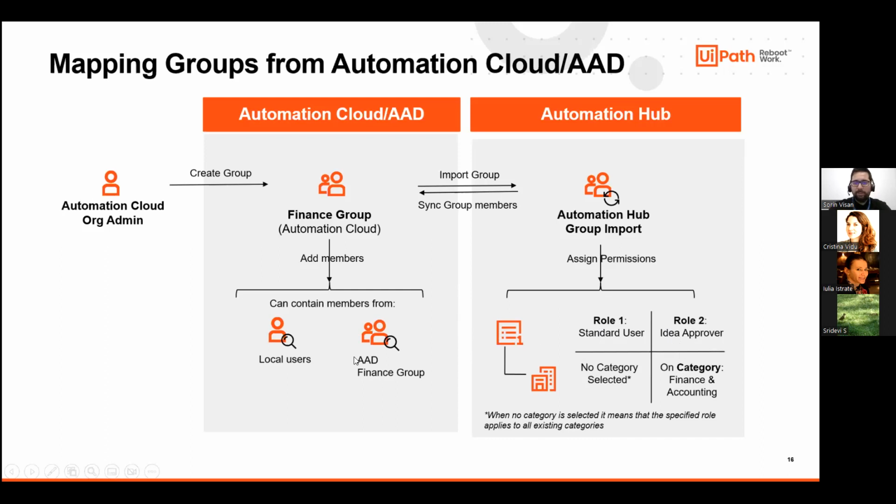So we will want everybody from finance to be idea approvers only on the ideas submitted on the finance and accounting category. Right. So this is one small example of how the groups from Azure Active Directory can be leveraged in Automation Hub.